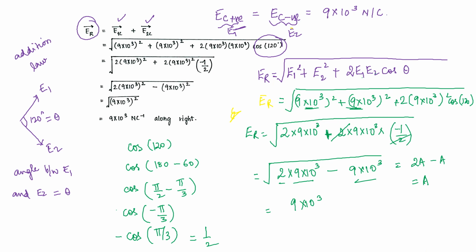And yes, we forgot one thing: all these values are squared in nature. I have forgotten to take the square. This value 9 into 10 to the power 3 is squared. So 2a squared minus a squared will give us only a squared. We get this value under the square root.